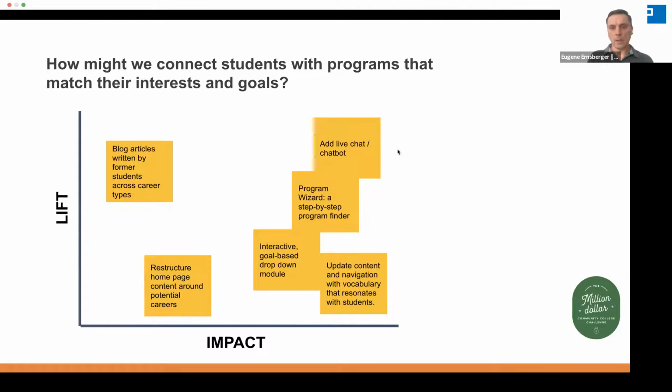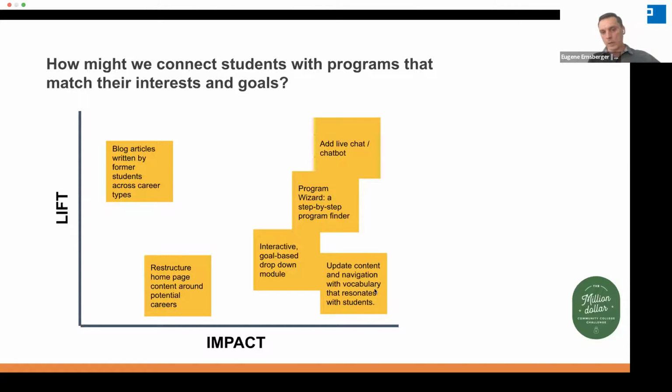So one thing that I didn't mention was potentially adding a live chat or a conversational interface so that people can engage with that and ask questions. Well, that's most likely going to be a technological investment. It could come with some actual financial investment. So that's why it gets up there in that top right corner.